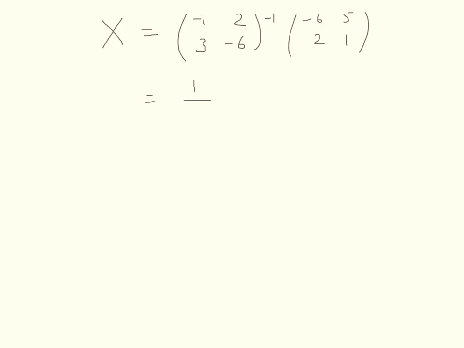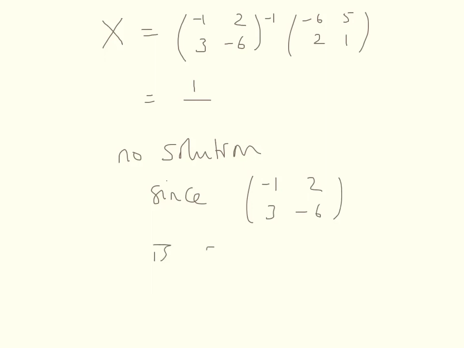We call it a singular matrix. So in this case, the equation can't be solved. With the given matrices A and B, there is no matrix X which solves the equation. So there is no solution, since the matrix minus 1, 2, 3, minus 6 is singular.